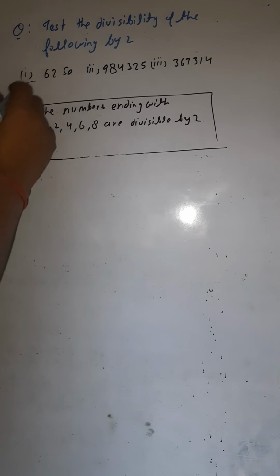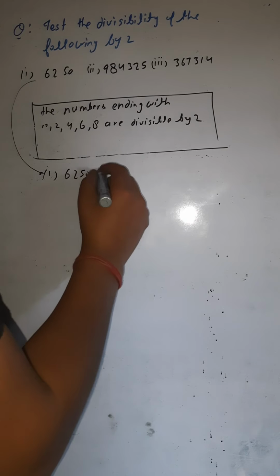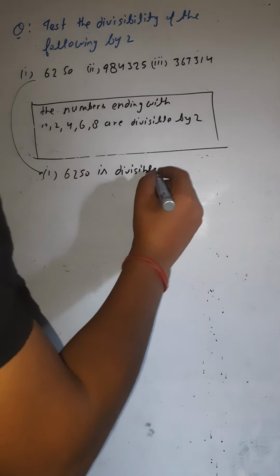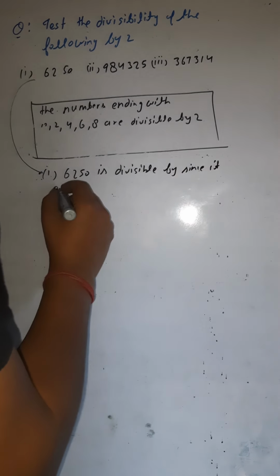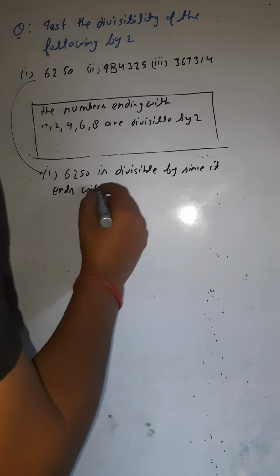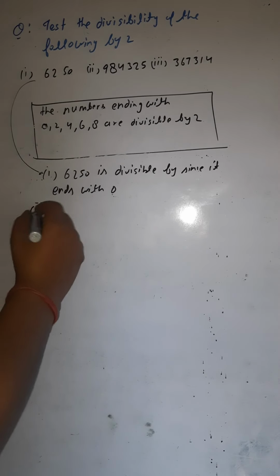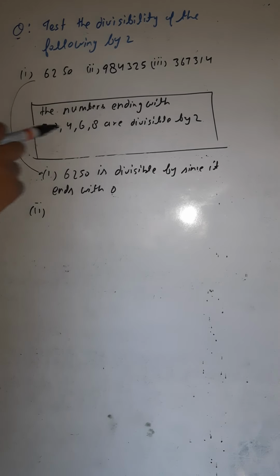So you would write here in the first case, 6250 is divisible by 2 since it ends with 0. Any number ending with 0 would be divisible by 2. Okay. Similarly, what would be the answer of the second question? Look here. This number is ending with 5, but we have no such case here. The last digit should be 0, 2, 4, 6 or 8.